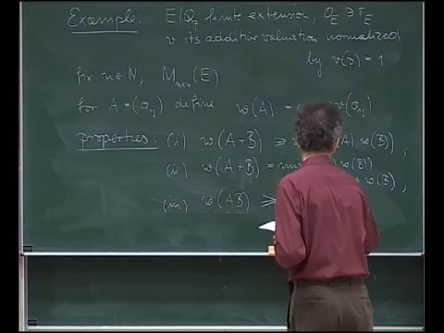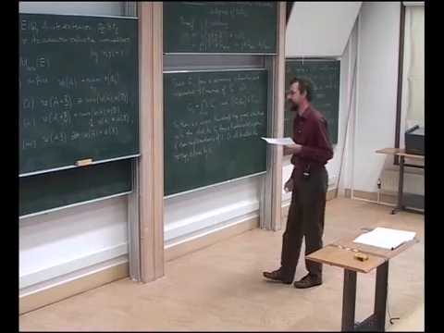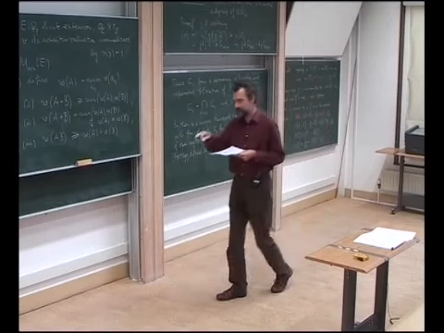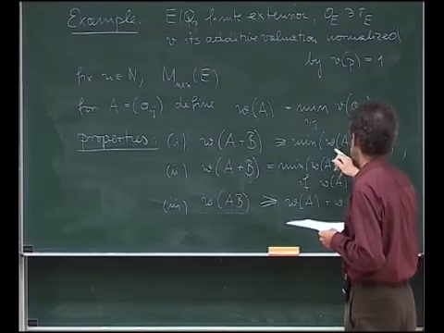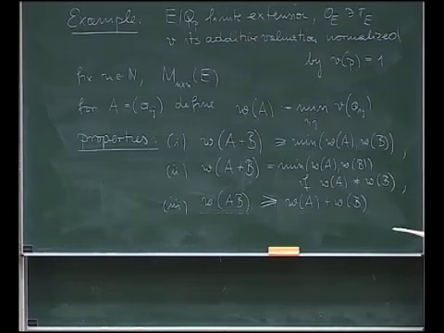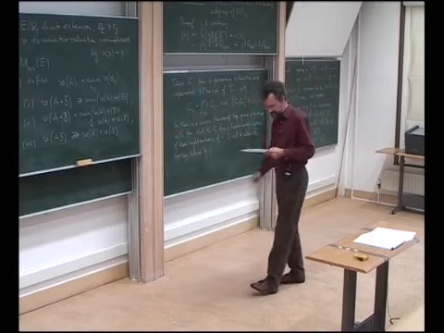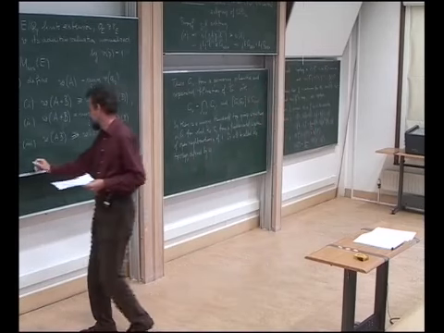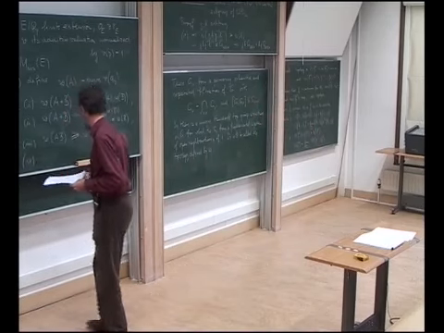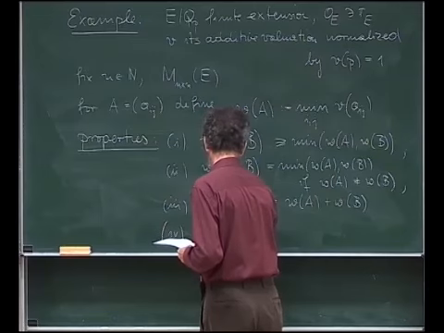W of a product is bigger or equal to the sum. If you compute the product of two matrices, the new entries are sums of products of old entries, so you have an entry of A and an entry of B in the product, and V of the product is then in this case even equal to the sum, but because of the minimum you get in general only bigger or equal.